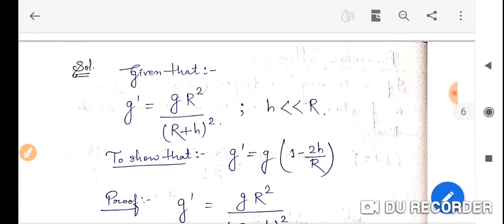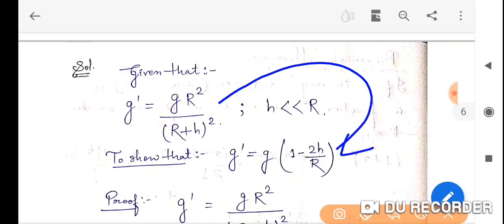Since the given expression of acceleration due to gravity at altitude h is g dash equals to gR square upon (R plus h) whole square, h being very small than the radius of the earth, we have to show that g dash equals to g under bracket 1 minus 2h upon R. Clearly these two equations must be equivalent to each other, but there is a difference in the right hand side.